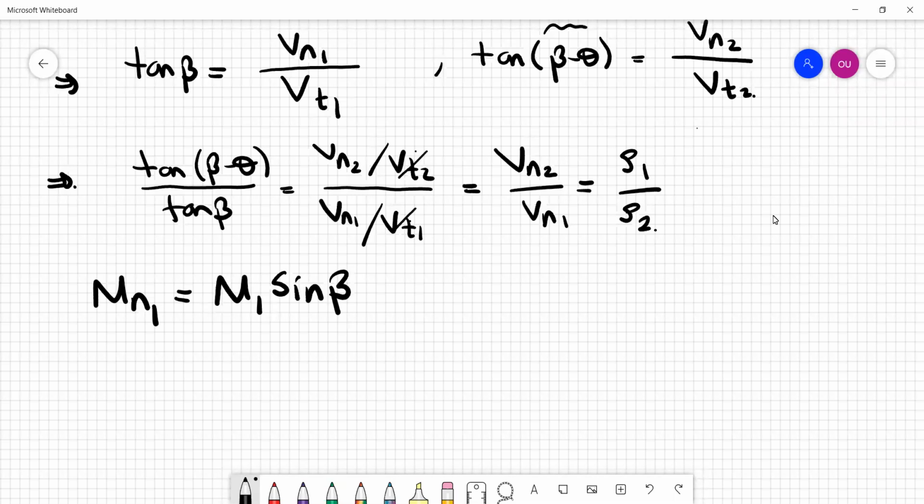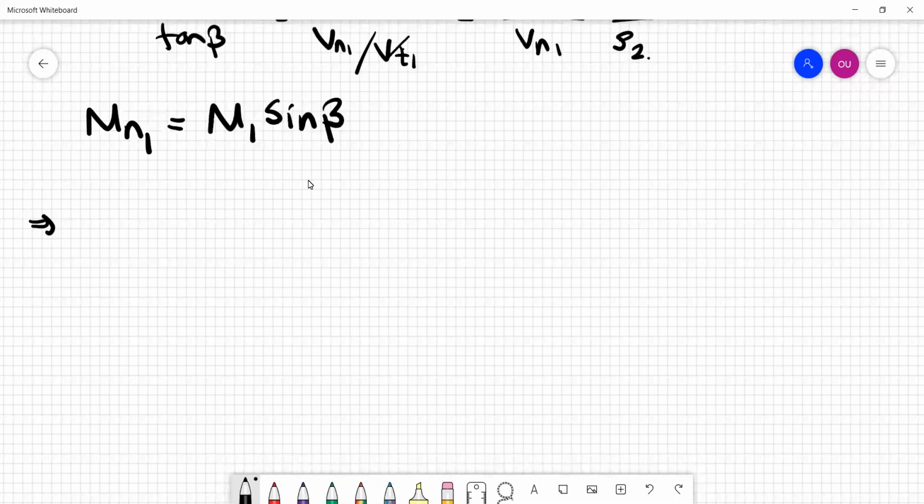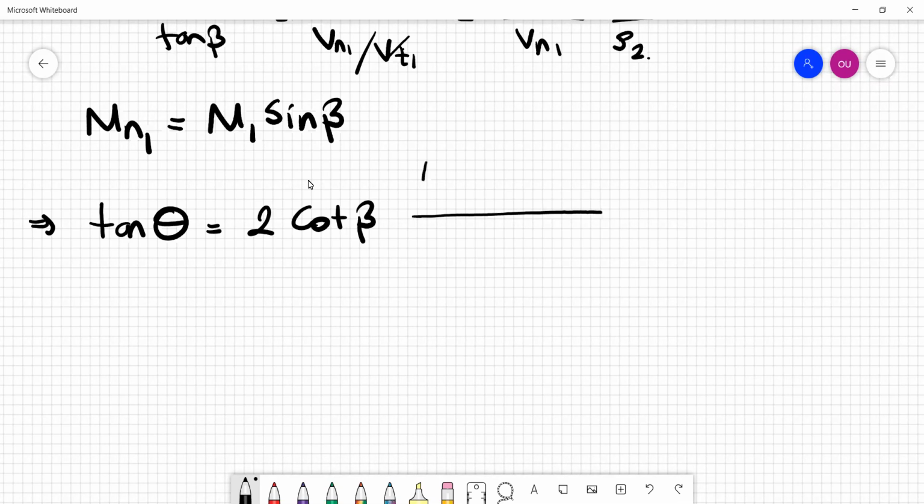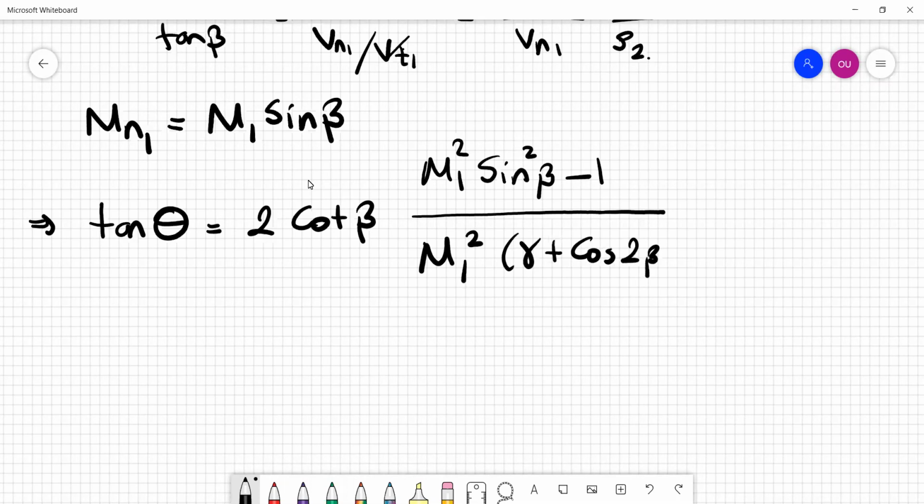Now, if I combine all of these equations, I get a relation between the geometrical deflection angle theta, so that's our flight vehicle basically, whether it's its intake or its nose, the relation between tangent theta as a function of flight Mach number M1, or the free stream, let's say, to keep it generalized, free stream Mach number M1 and the shock wave angle beta: 2 times cotangent beta multiplied by (M1 squared sine squared beta minus 1), and divided by (M1 squared (gamma plus cosine 2 beta) plus 2).